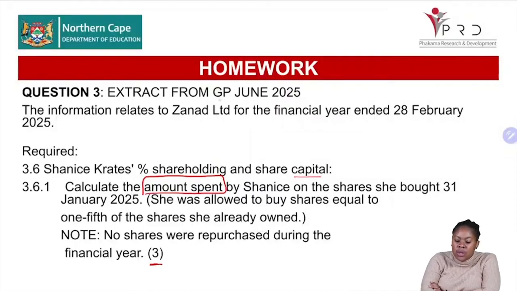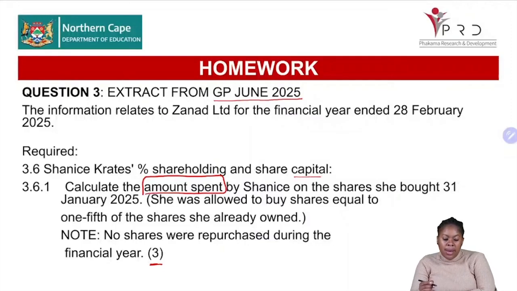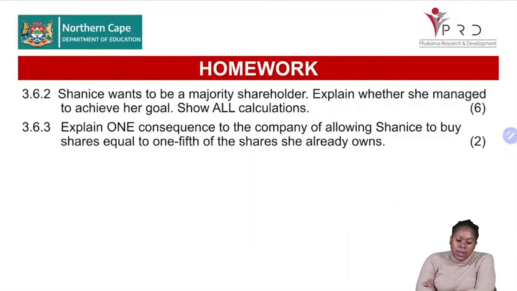Now, this is an extract from the Gauteng province June paper for this year, so please attempt the question. 3.6.2 says Shanice wants to be a majority shareholder. Explain whether she managed to achieve her goal. Show all workings for 6 marks.